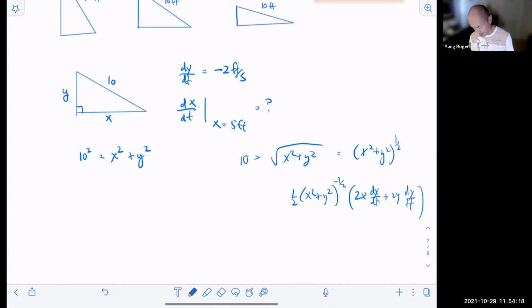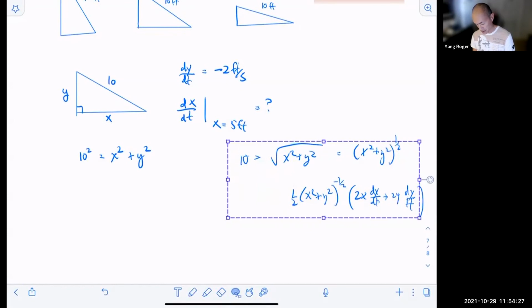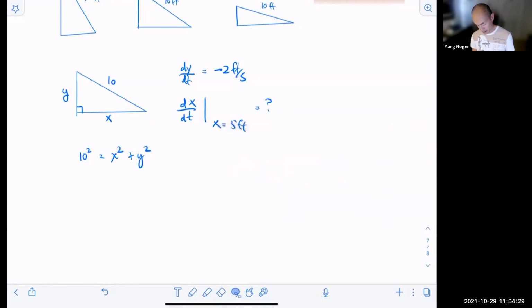That's just ugly. So I actually don't want to involve the square root. So I'm going to delete this, and I'm just going to work with this without the square root, so I don't introduce an unnecessary chain rule.